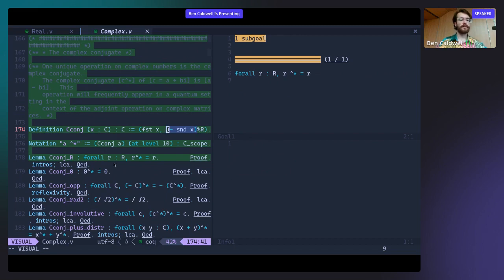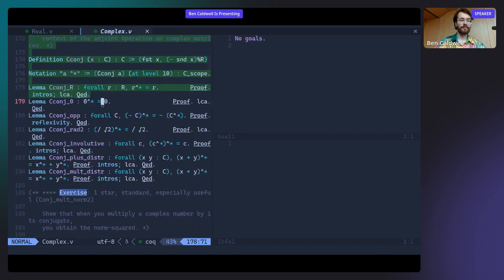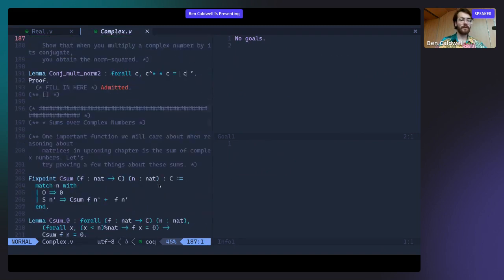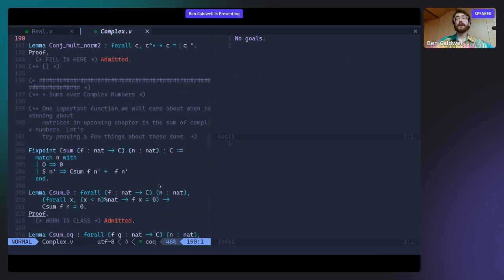To prove that for some real number, something with 0 complex part, negating the imaginary part remains there, LCA takes care of it. And LCA will take care of most of these lemmas. All right, so we'll come back to that exercise later.